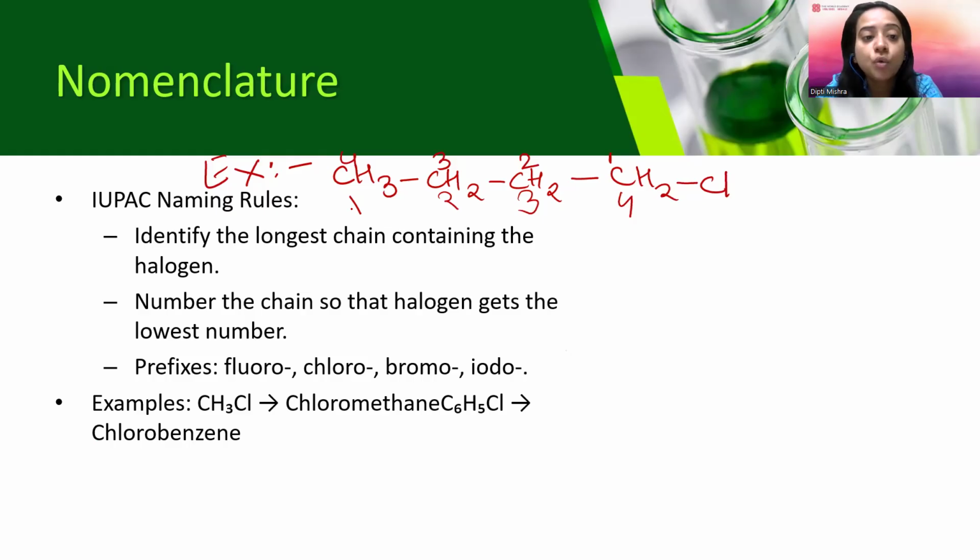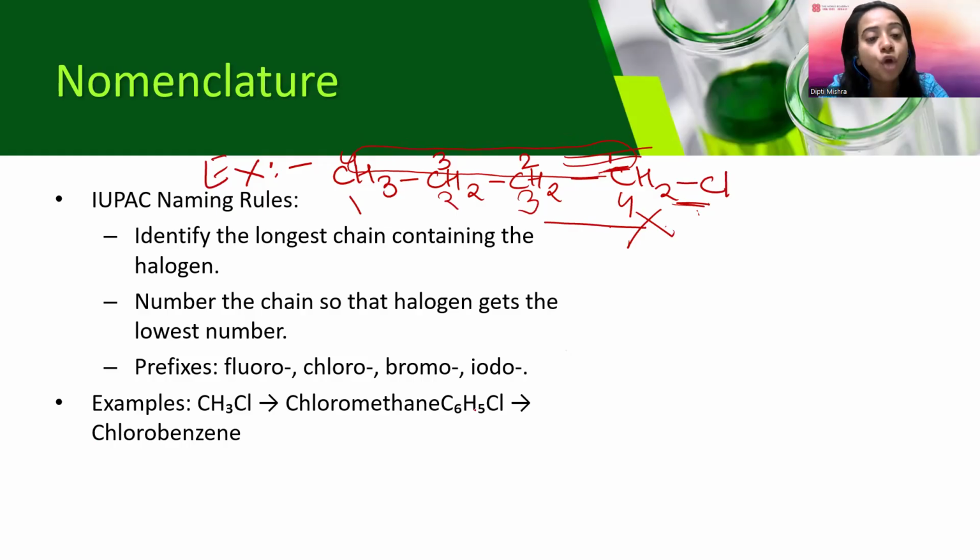But according to the rule, number the chain so that the halogen gets the lowest number. If you start from the top side, then only the halogen will get the lowest number. That halogen is present at the first position. If you number from the bottom, then the halogen is at the fourth position. That is not correct. If you follow this method, the halogen should get the lowest number.